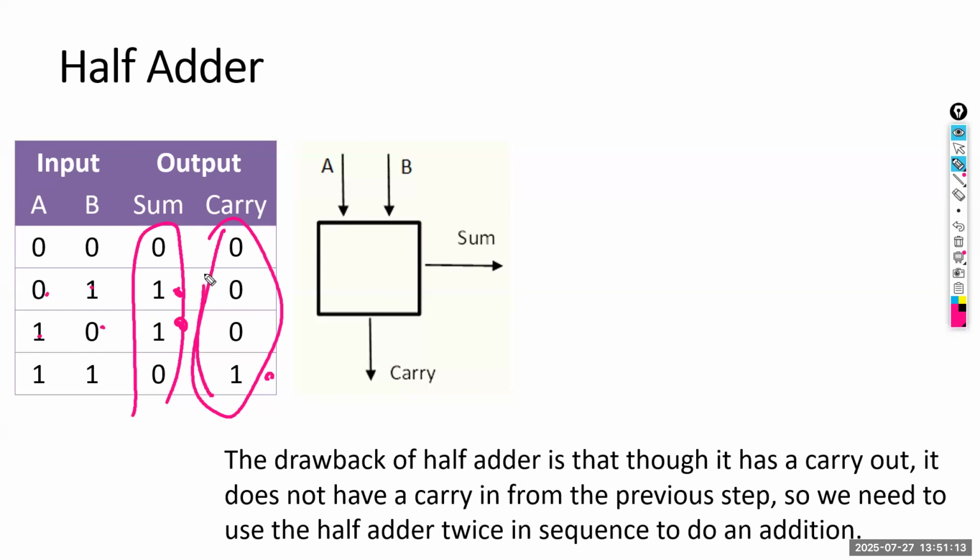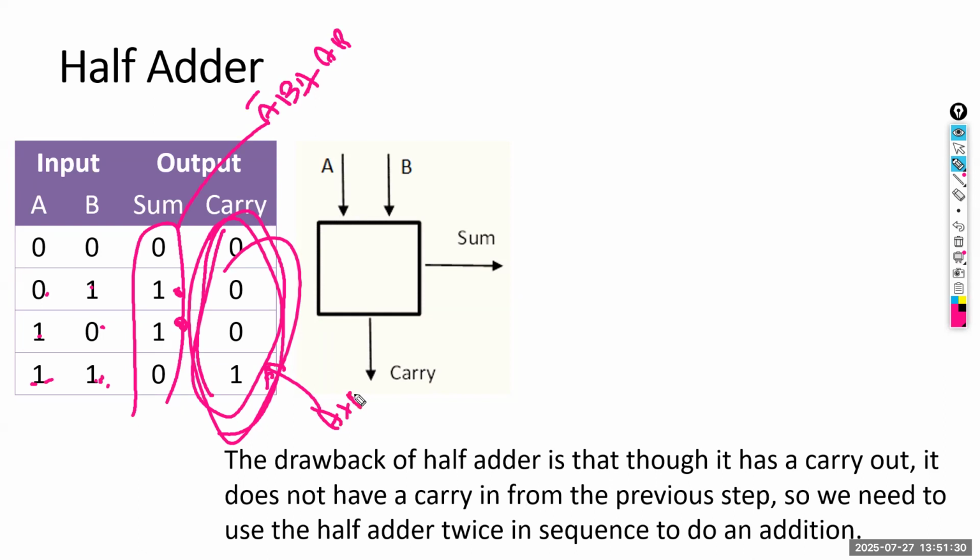But if you need the carry, it is simply A B. So this is A bar B plus A B bar, and this one is simply A and B.